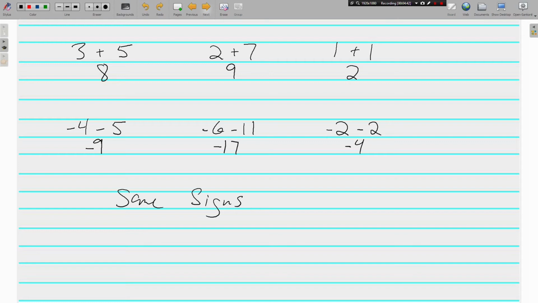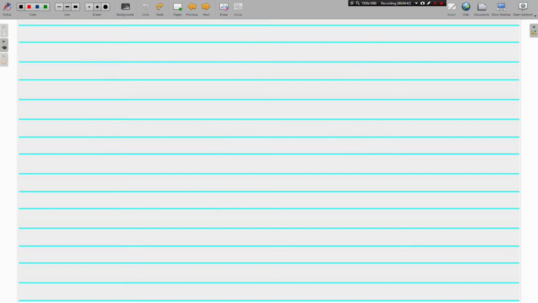So now, let's look at some different signs. All right. 10 minus 6. Okay, obviously you know that 10 minus 6 is 4. But let's look at it as combining instead of just subtracting.